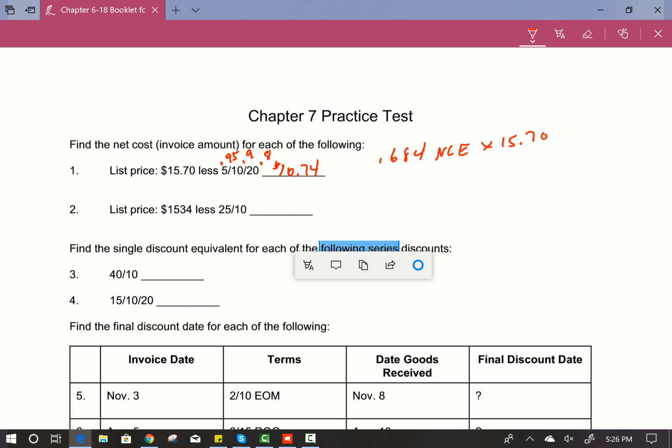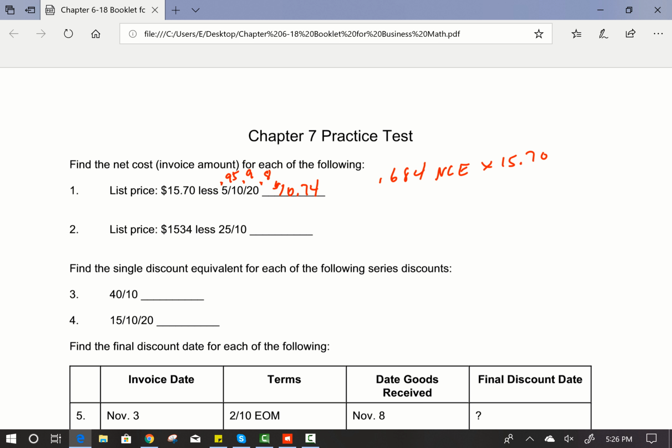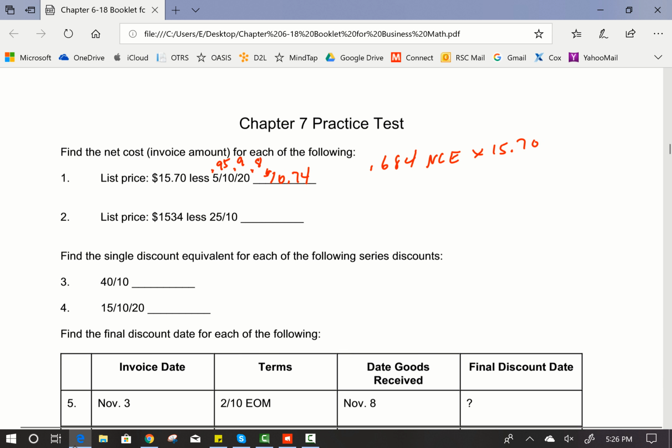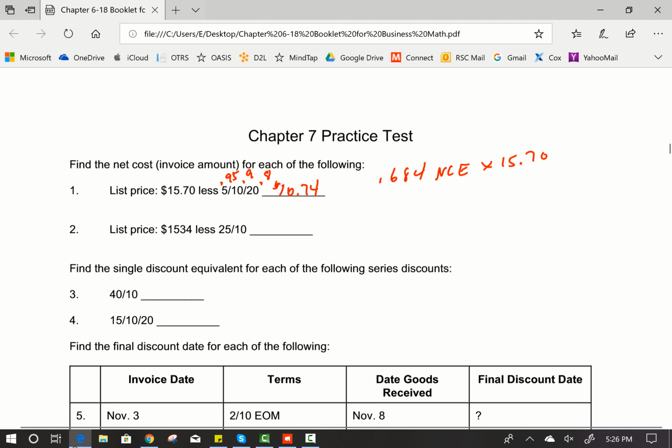Okay. We could also have done this, if we had our calculator out, you could also do it this way. 15.70 for the list cost times 0.95 times 0.9 times 0.8, and that would have equaled $10.74 as well. I just happened to find the net cost equivalent.